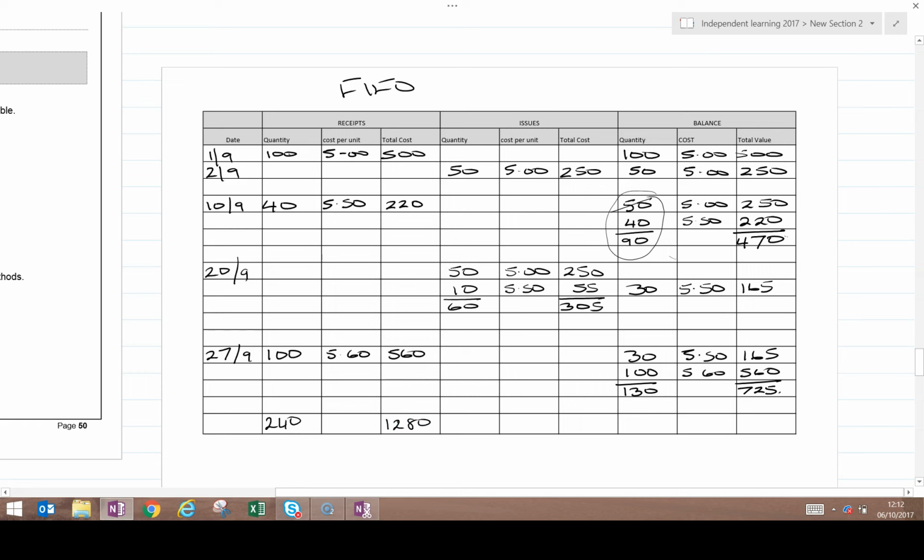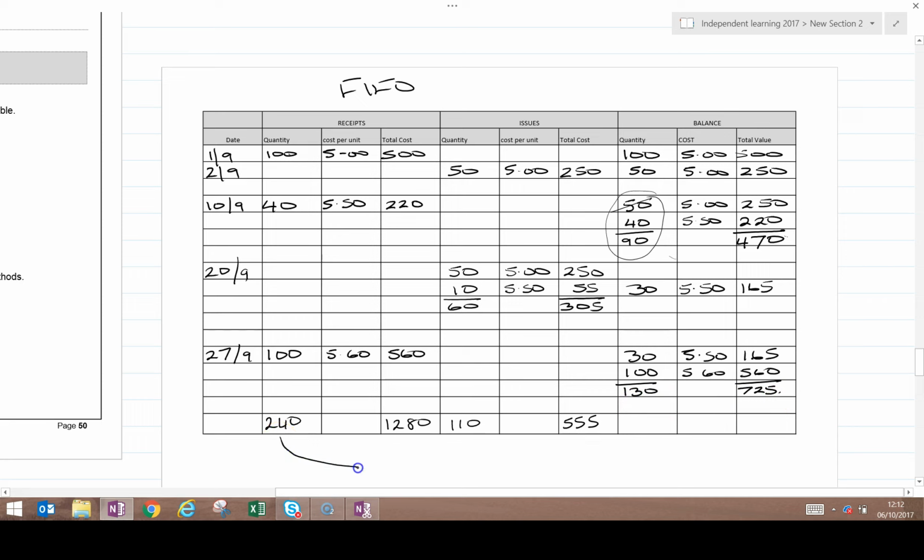We've issued 50 plus 60 is 110. And the cost of our issues, 250 plus 305, which is 555.